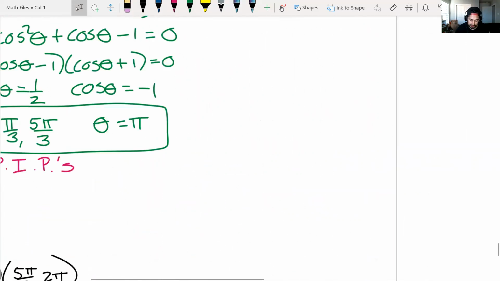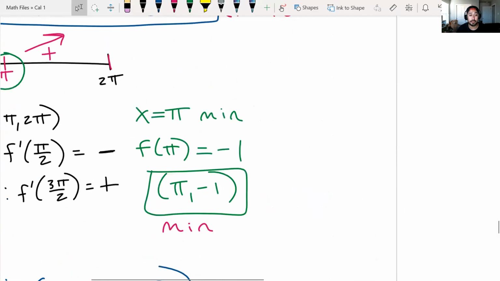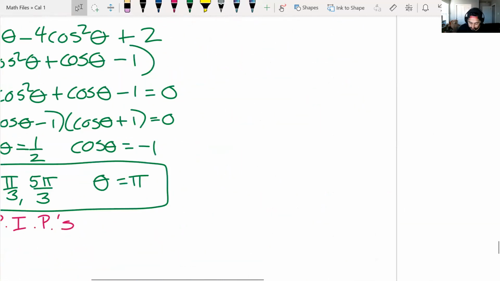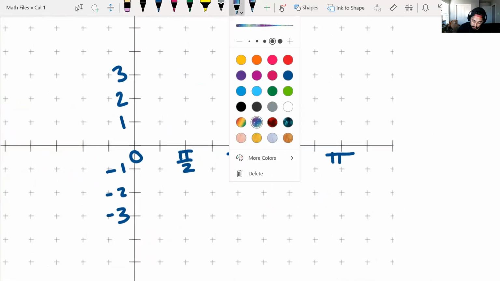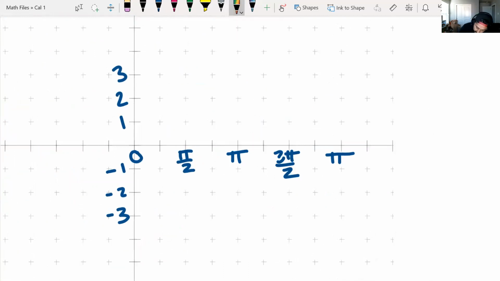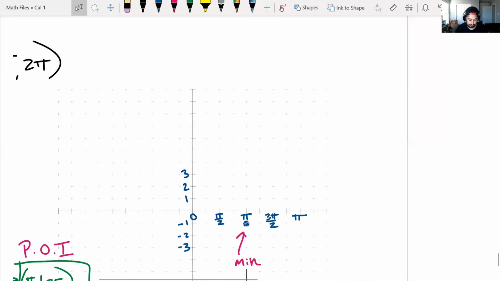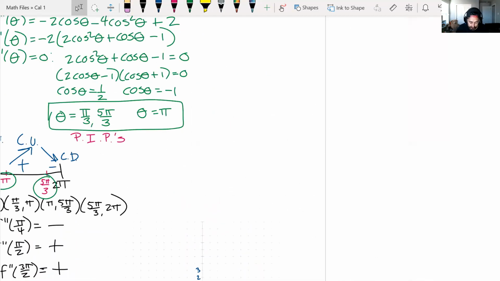Okay, so we said the very first point we found was pi, -1. That's our minimum. Let's add a cool color here. Rainbow, sure, look at that. Pi, -1. There's the first point. That is our minimum. And then, what were my X-intercepts and Y-intercepts?